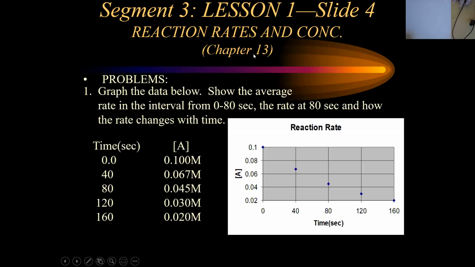Now let's look at how you measure rates, and here are some data that we measured: concentration of a species, a reactant, I guess. Looks like it's going down, so that must be a reactant. So we take these data and we graph them, concentration on the y-axis and time on the x-axis.